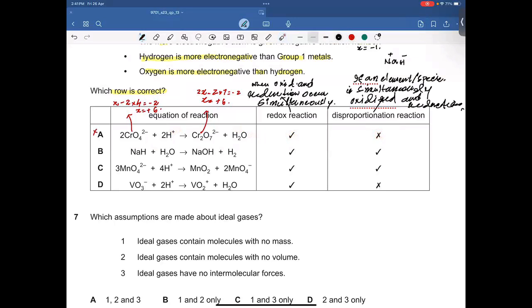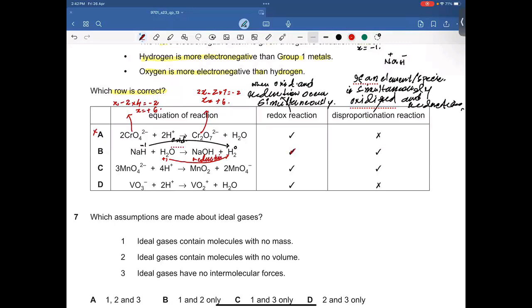Okay, let's talk about B. Over here in sodium hydride, hydrogen is -1, and over here hydrogen is 0, which means in this scenario, hydrogen is actually oxidized. On the other hand, in this one hydrogen is +1, and if it is converting into this, which means it is getting reduced, right?